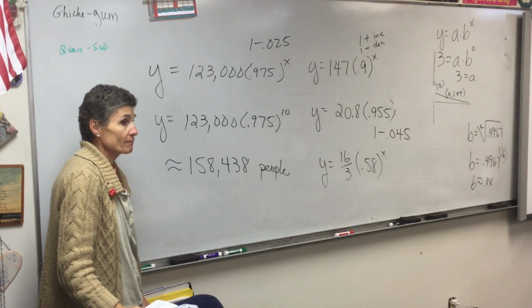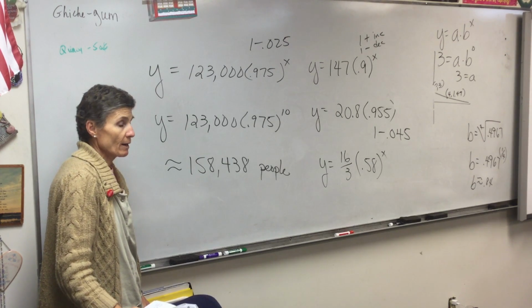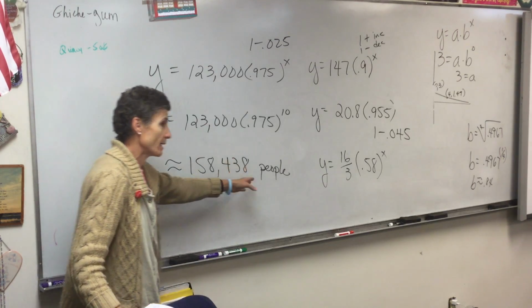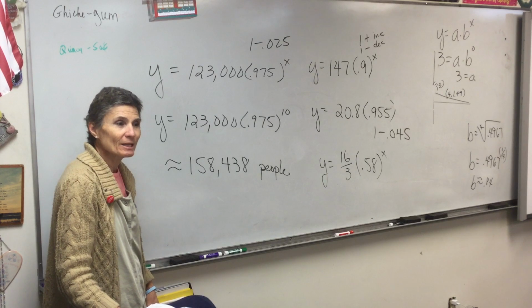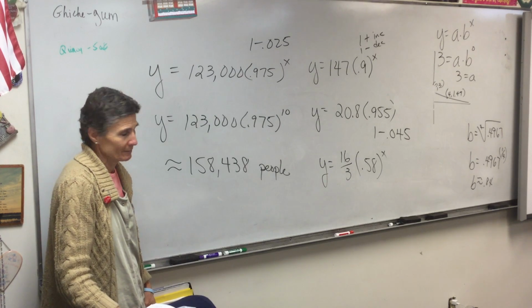Now, I rounded that off, didn't I? Why did I round that off? Why didn't I go ahead and say point da da da da da? Because it's people, right? So I rounded it off to the nearest whole person.